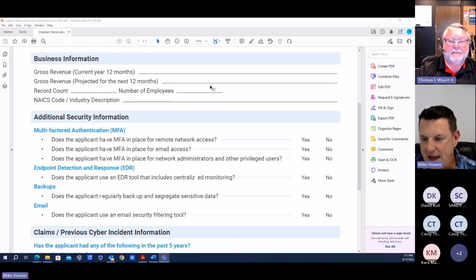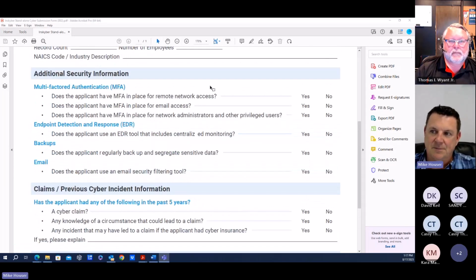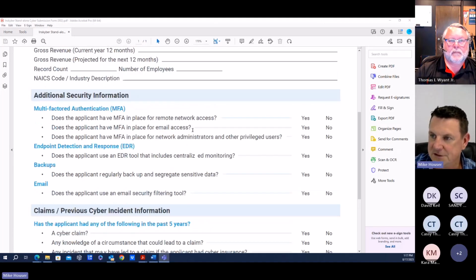Exactly. And like I said, this is just a one-page app, and most of the time I can get bindable quotes from 6 or 8 different carriers with this. Other times I'll have to come back with a more advanced application, but it'll give me at least an indication of a quote.